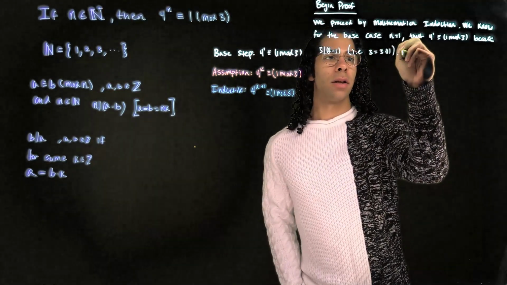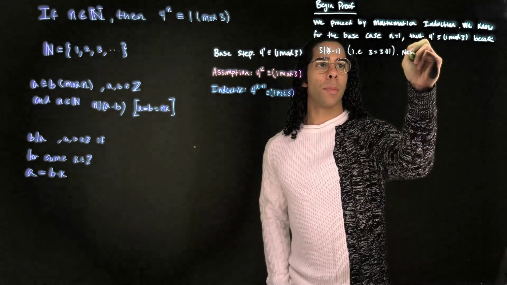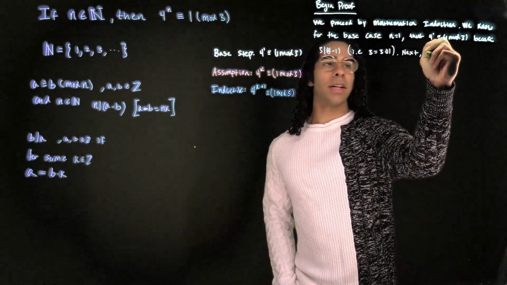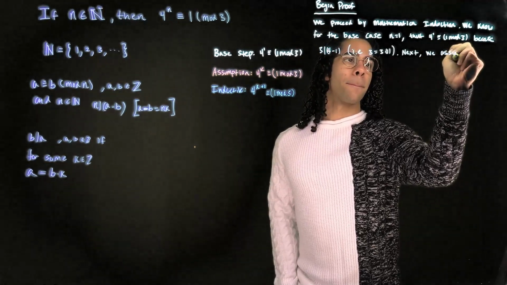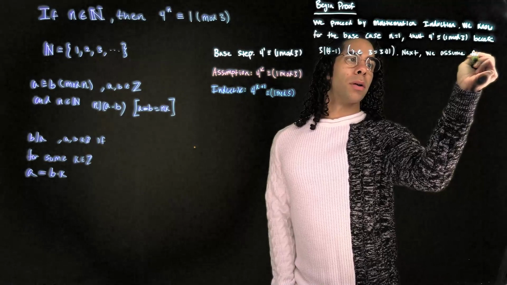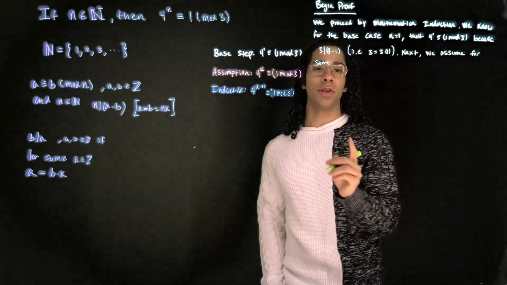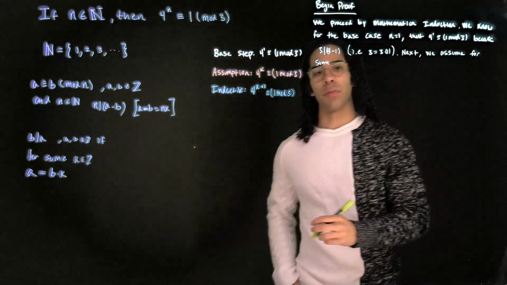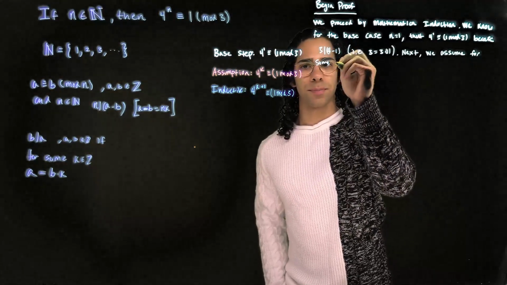Next, we assume for some natural number k, we're working with the natural numbers. Natural numbers are well ordered, meaning each subset has the least element.